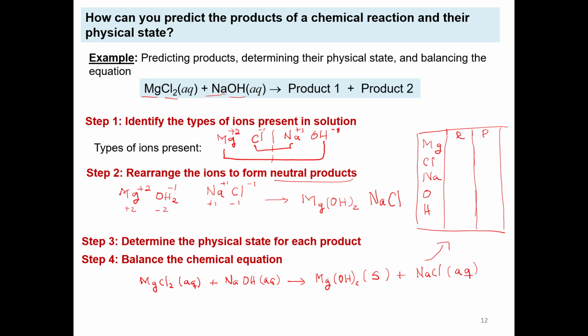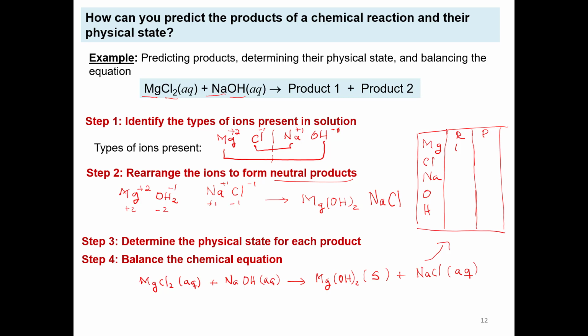And remember this part, when we are balancing the equation, there is no method, it's just trial and error. Magnesium, we had one here, we had one here, then we don't have a problem right now, we will write here 1 and 1.